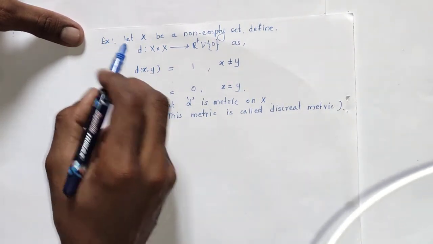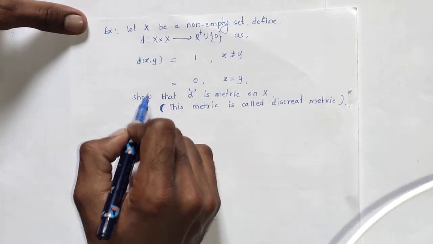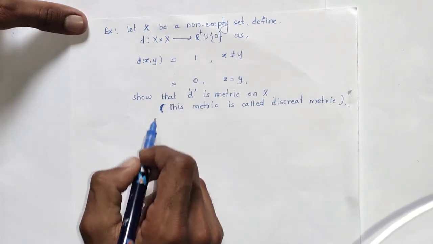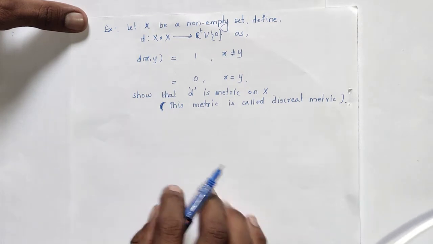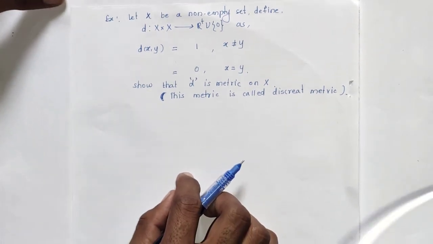So, we have to prove that this d satisfies all three properties of a metric space, and after that we will say that this d is a metric on X.